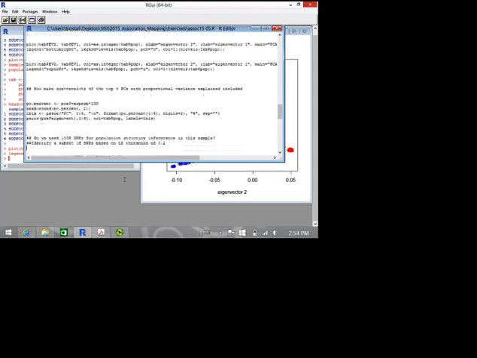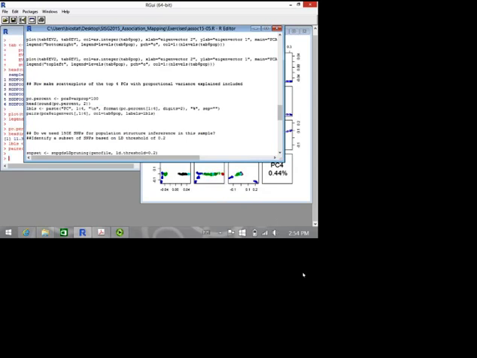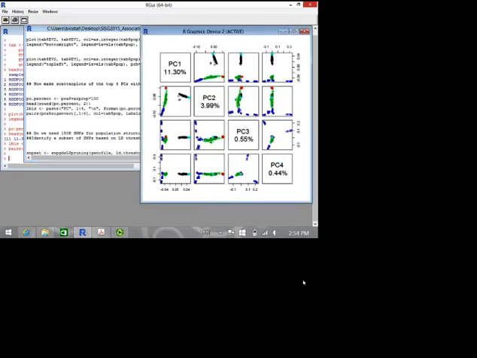So if you wanted to do a scatter plot of the top 4 PCs, we can do that as well. Okay. And remember, I told you you can plot the proportion variance explained using this formula here. So the top PC explains 11.3% of the variance.